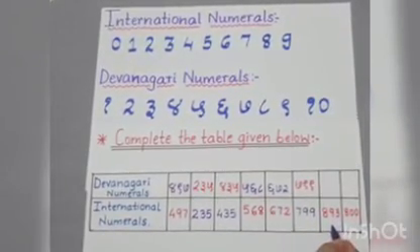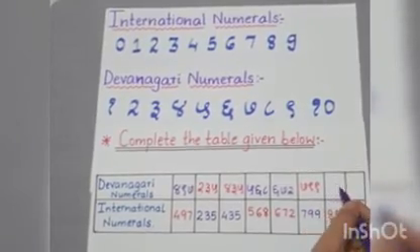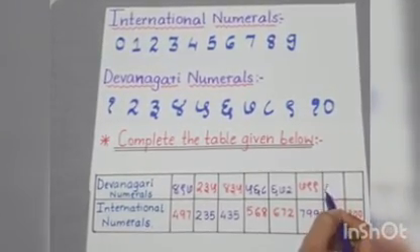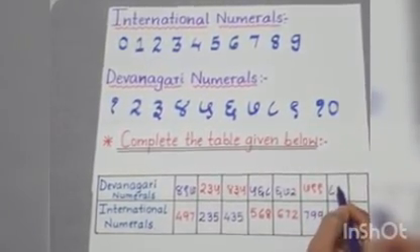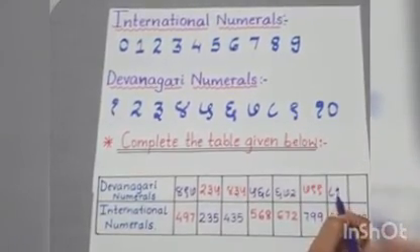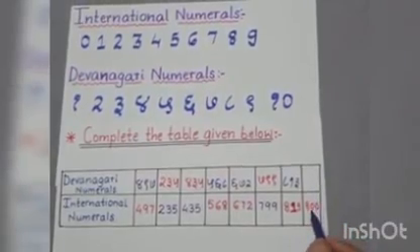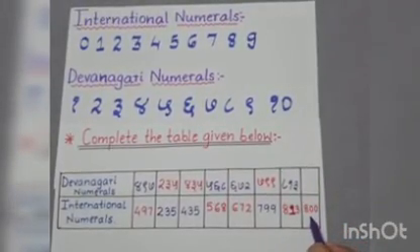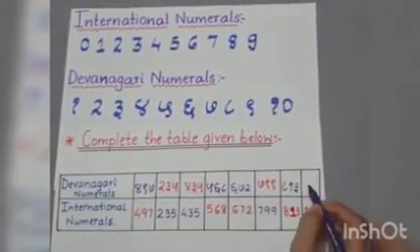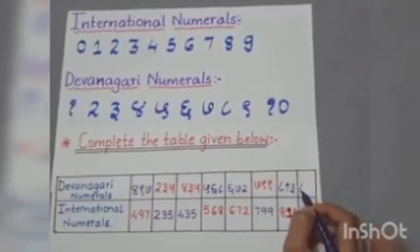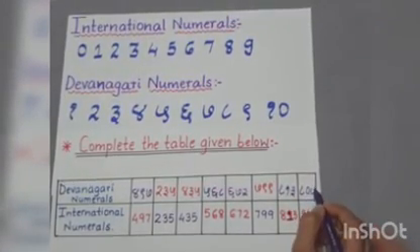Next I have is international numeral, I have to write in Devanagari. So 8, 1 and 3. Next I have is international numeral given as 800. So I'll write it as in Devanagari as 8, 0 and 0.